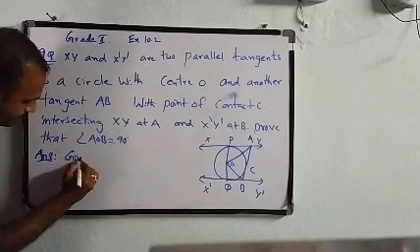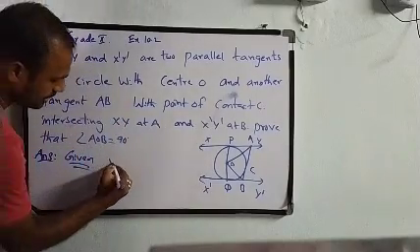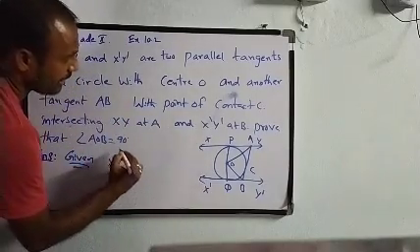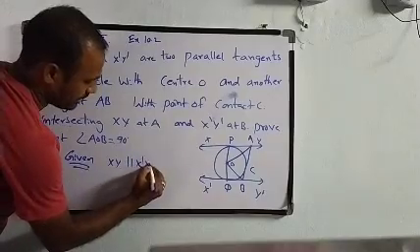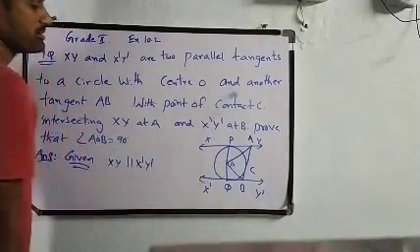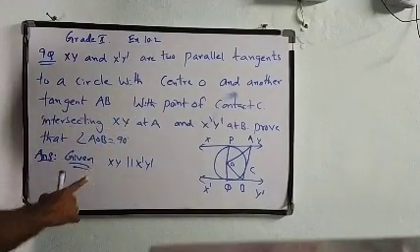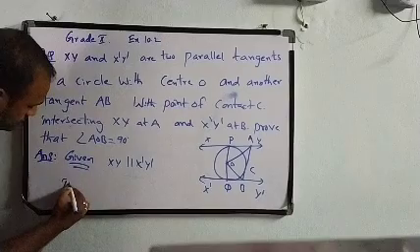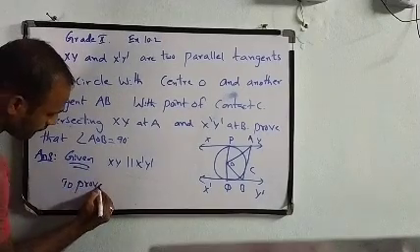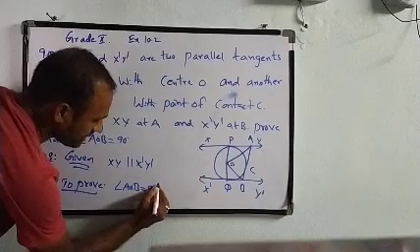So given, it is very clear that XY is parallel to X dash Y dash, and moreover these two are tangents. Why? Because each is touching the circle at only one point, and another tangent AB with point of contact C. So to prove, angle AOB is equal to 90 degrees, that we need to prove.